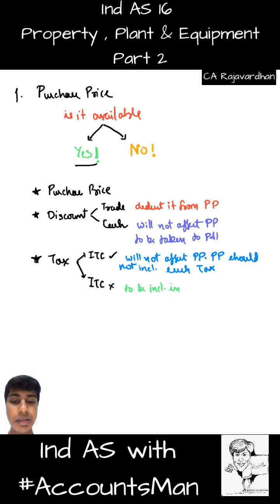Meaning, if the purchase price given to us in the question already includes the tax, then we will not add it again. We'll leave it like that. And if input tax credit is available and the tax is already included, then we'll deduct it. So we need to see whether it is actually included or not, then see whether input tax credit is available or not, and then make such change. I cannot give you a common thumb rule whether to add it or subtract it. We need to use our analytical skills here. Yeah. So this is with respect to tax.